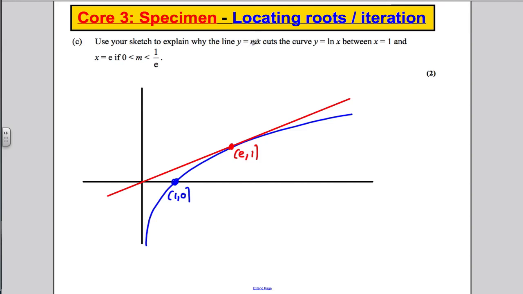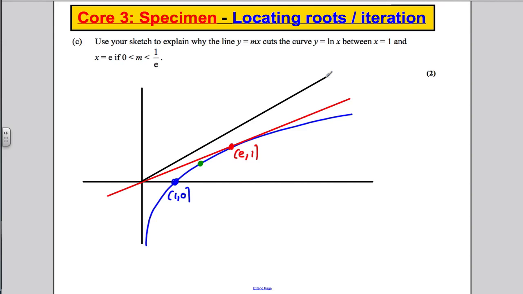It says use your sketch to explain why the line y equals mx cuts the curve y equals ln x between 1 and e. Well, look, anywhere between 1 and e, any tangent here, now any line y equals mx with an m between 0 and 1, well, that must go through the origin.